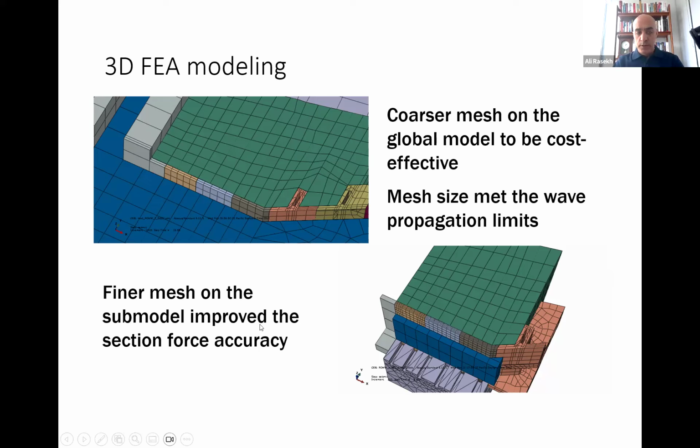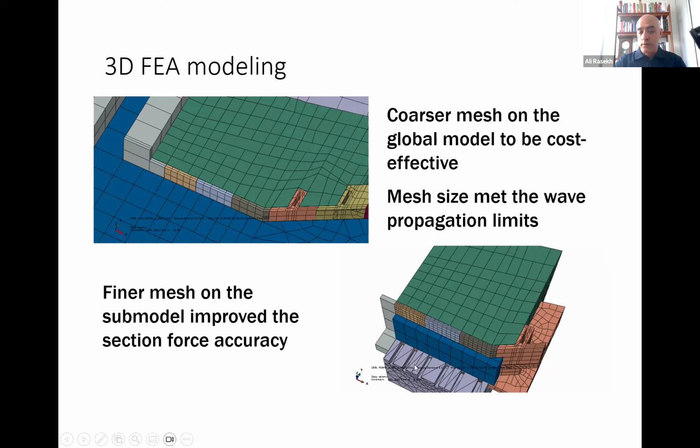We also took advantage of subsystems and submodels. We ran some of the analysis 2 times. One was the bigger model, to get a history of reactions, and then we applied that history of reactions on a smaller model, intended for a particular structural member.